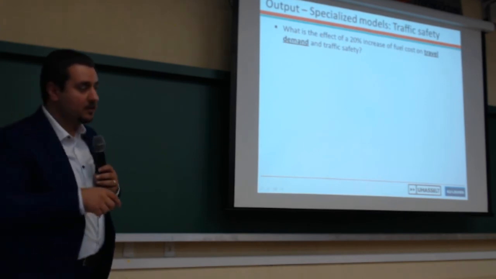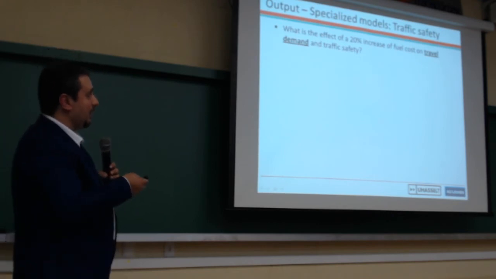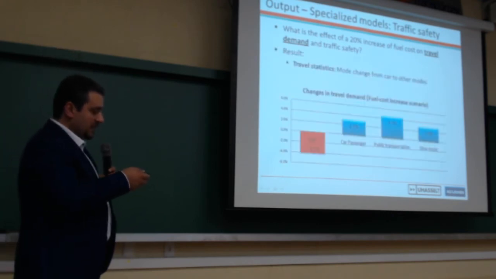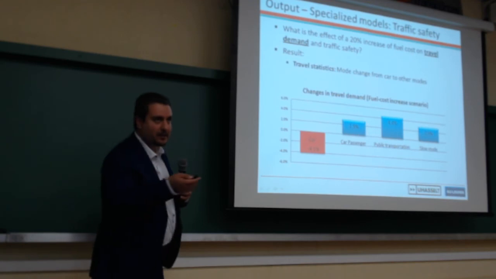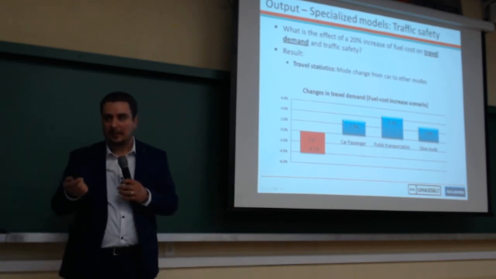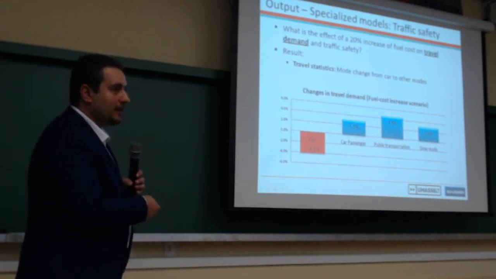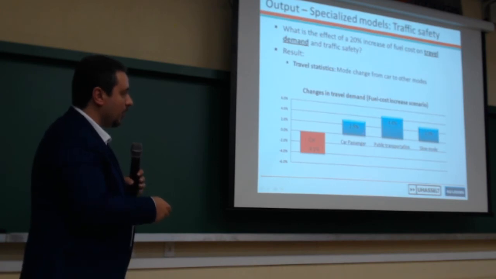So if we increase fuel cost by 20%, what would be the impact on travel demand? So you can see it here. You basically expect less car traffic because fuel is more expensive now. And then there will be more people tending to share cars with others. So there will be more car passengers.